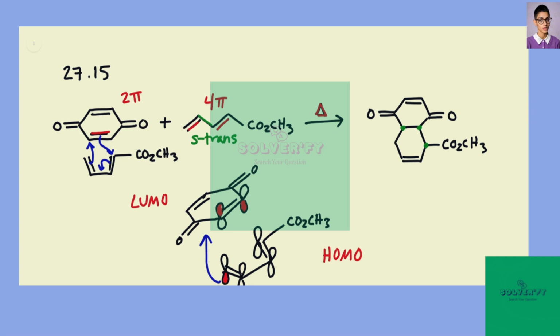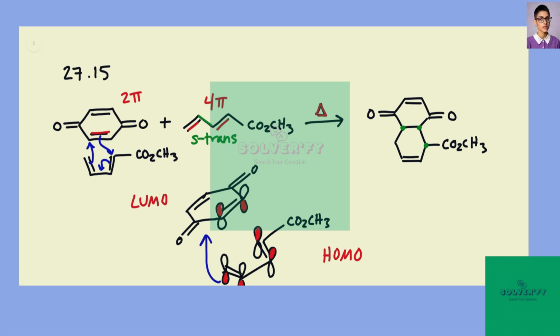And the ground state HOMO orbitals of the diene. We could also consider the LUMO of the diene and the HOMO of the dienophile. You could try that for yourself to see the result would be the same.